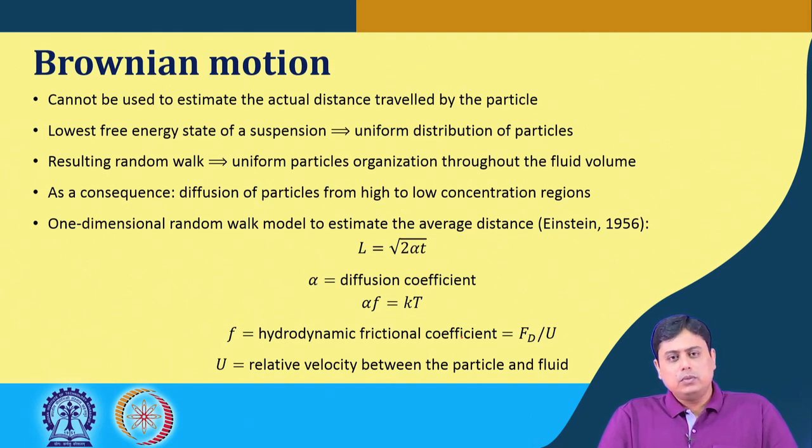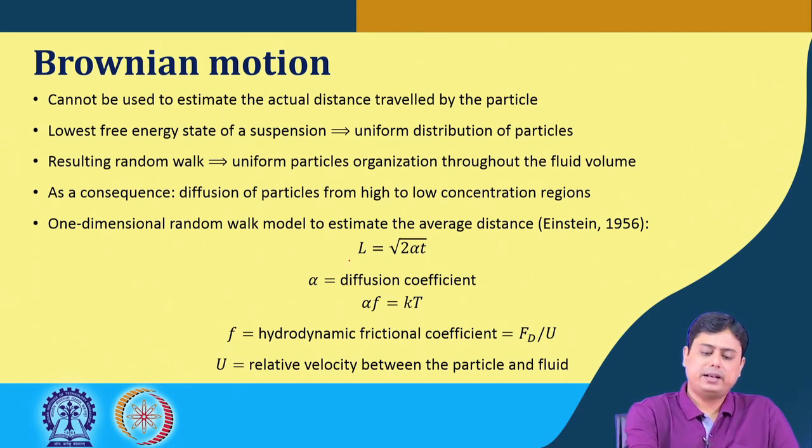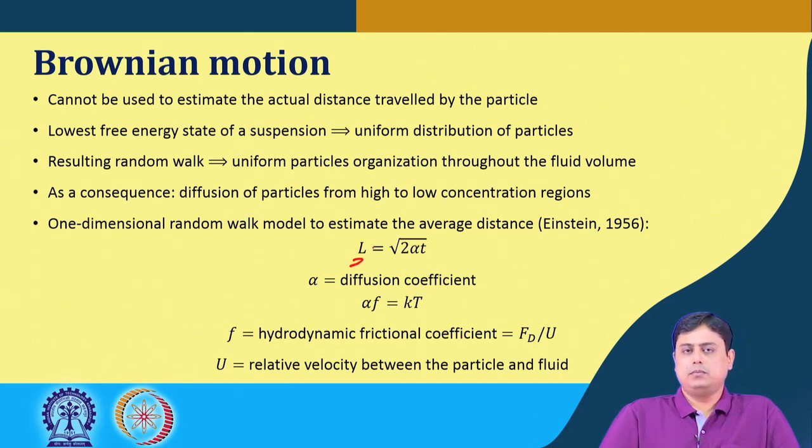Now, in order to estimate the length it travels, Einstein proposed a one-dimensional random walk model, which says that the length it travels is the square root of 2 alpha t, where alpha is the diffusion coefficient of the particles.